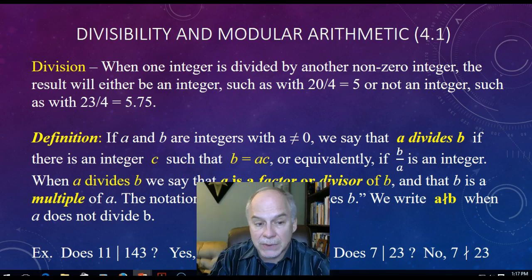All right, so that's what the reasoning is here. A divides B if there's an integer C such that B equals A times C.